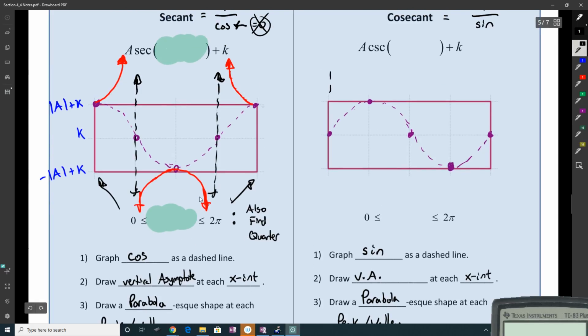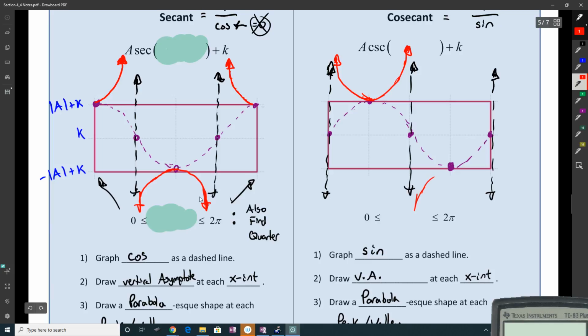In this case, I have 3 x-intercepts, and we can see that I have a peak or valley. On the peak, I drew that ugly. There you go. And that is cosecant.